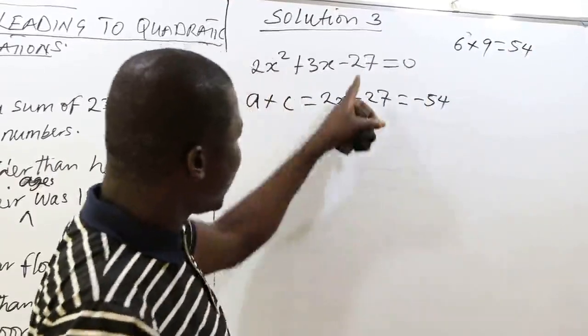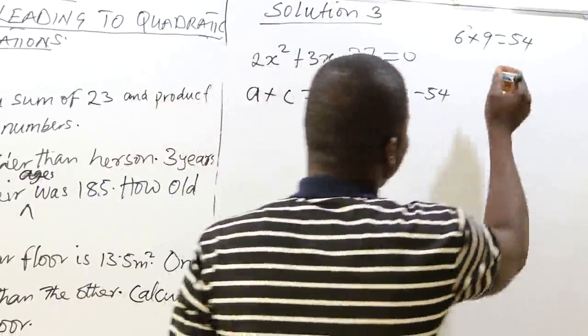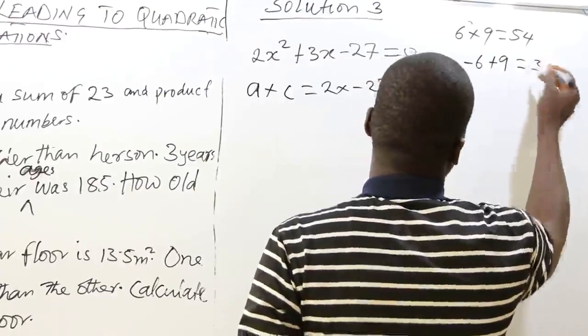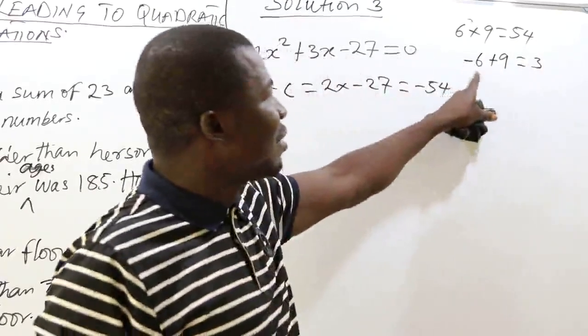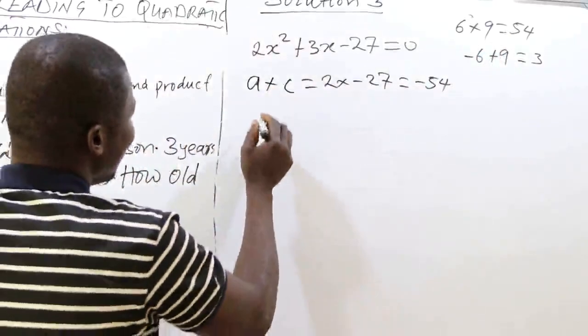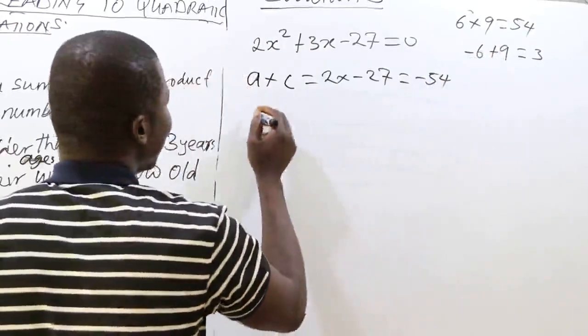But the 54 is minus, so this implies that minus 6 plus 9 is 3. So that means minus 6 times 9 satisfies this problem.